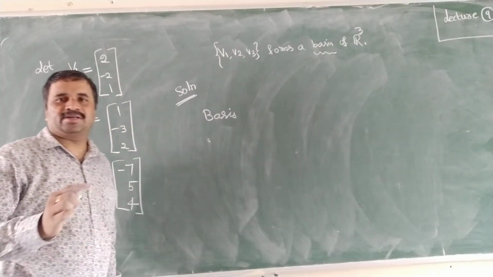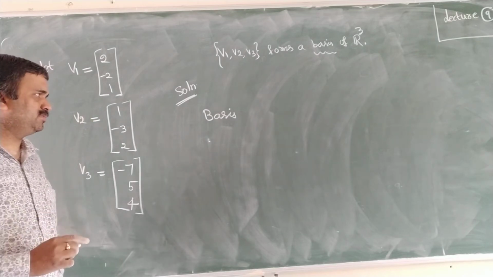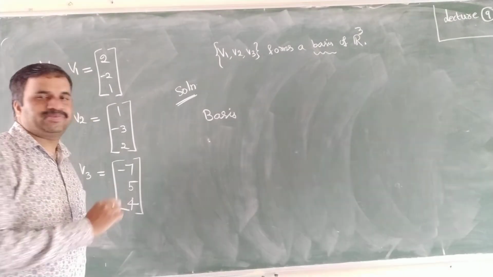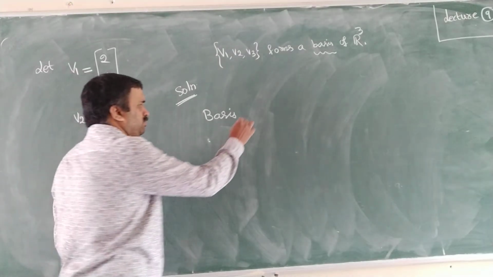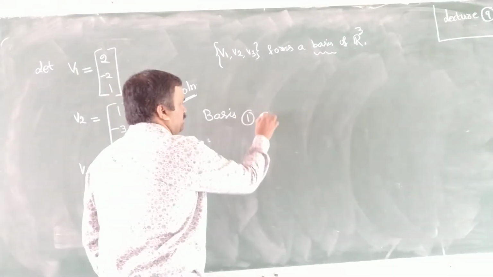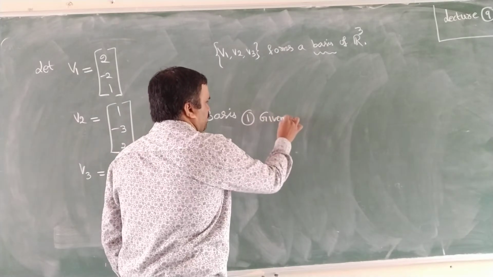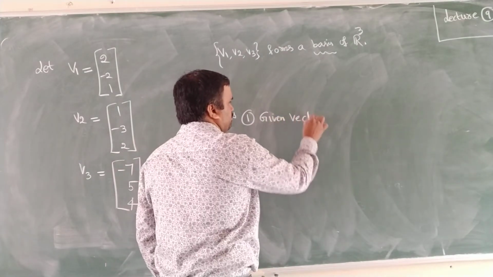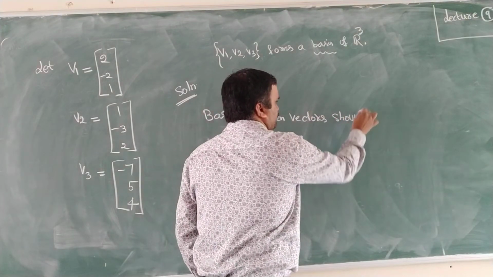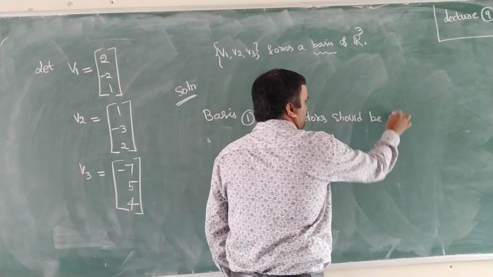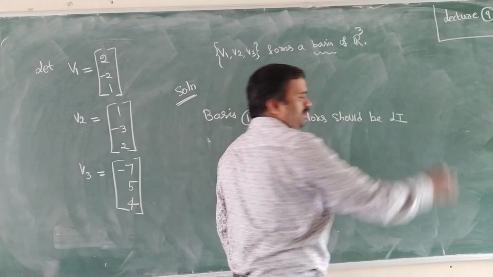The given vectors form a basis by satisfying two conditions. What are the two conditions? First, the given vectors should be linearly independent.